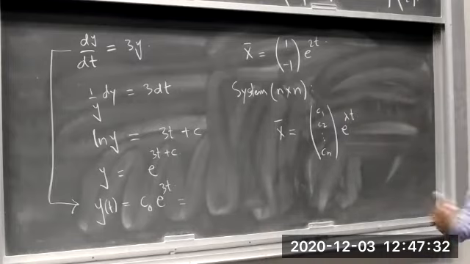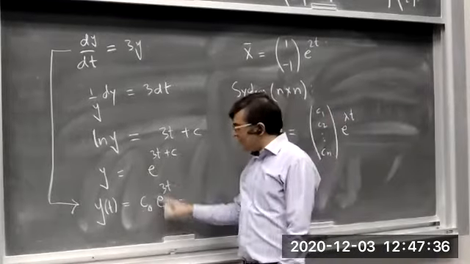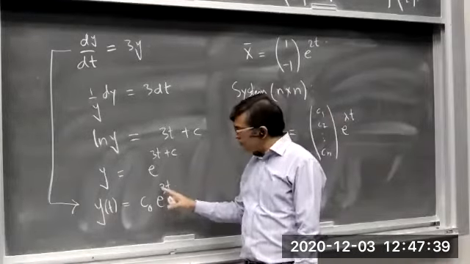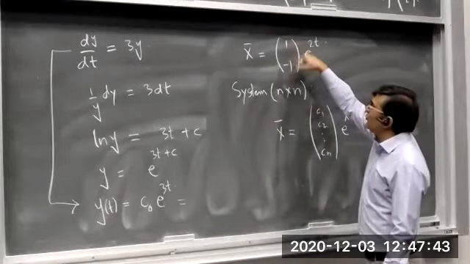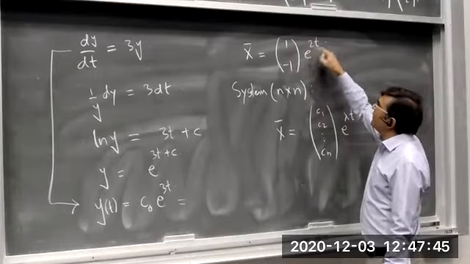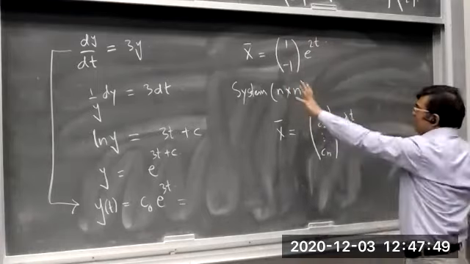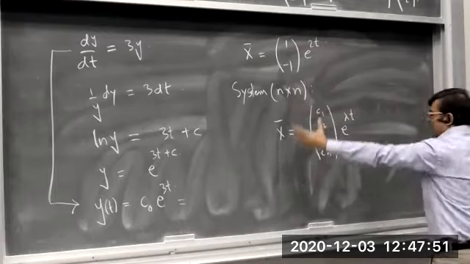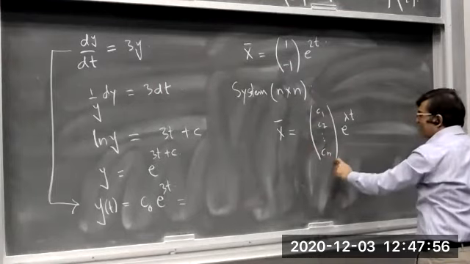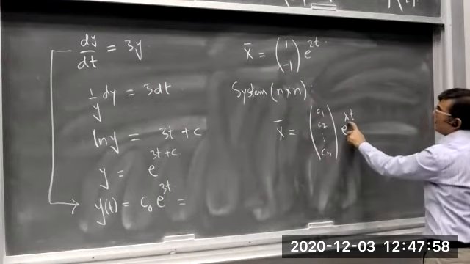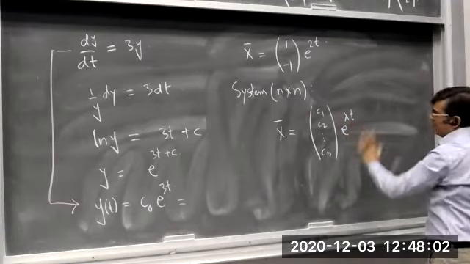So in general, if you have a single equation, it is a constant times exponential of some constant times t. If two equations, it is a constant vector times exponential of some constant times t. If you have an n by n system, your solution will be of this type: a constant vector times some exponential function of a constant times t.